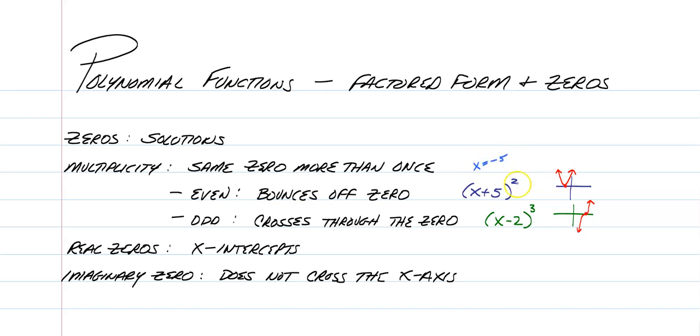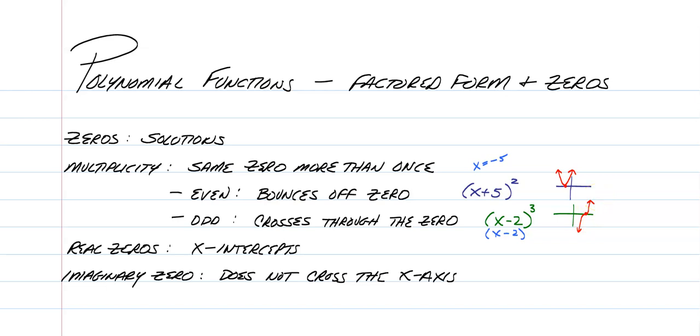But if it's squared, instead of going through the graph, it's going to bounce off of that negative 5. If you have (x - 2) to the third power, so if it's odd, or it could just be something like x - 2, you're going to get x equals 2 and it will go through that graph.